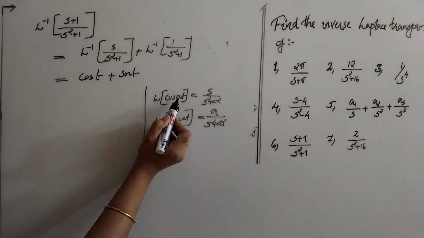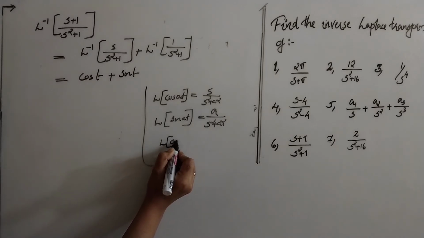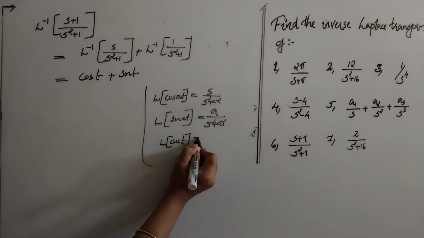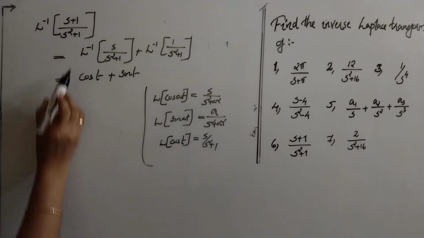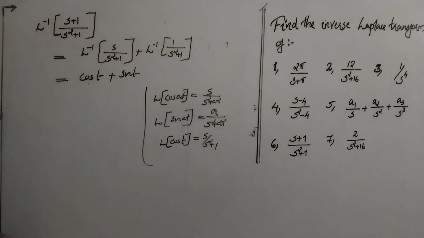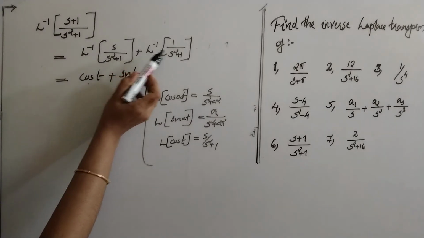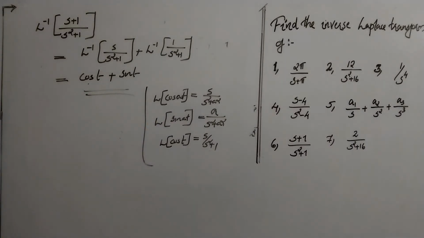So, Laplace transform of cos t is s divided by s square plus 1. So, inverse Laplace transform of s by s square plus 1 is cos t. Similarly, L inverse of 1 by s square plus 1 is sin t. So, the answer is cos t plus sin t.